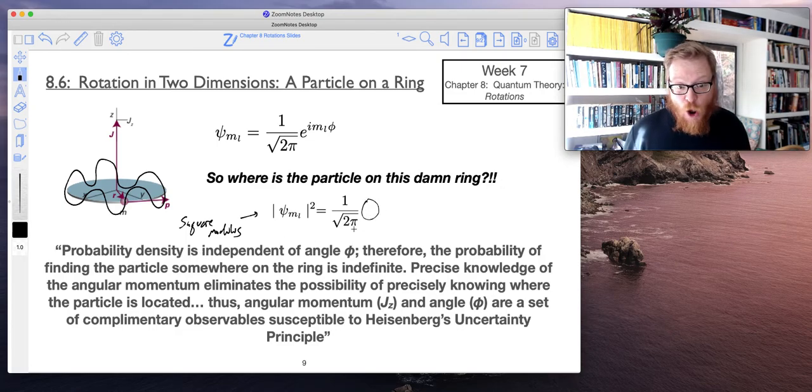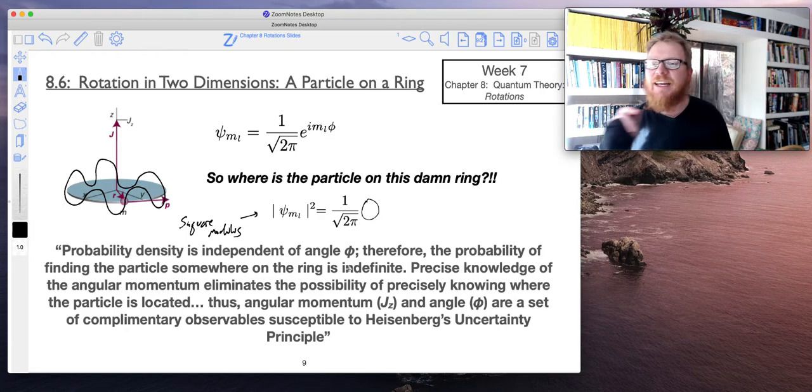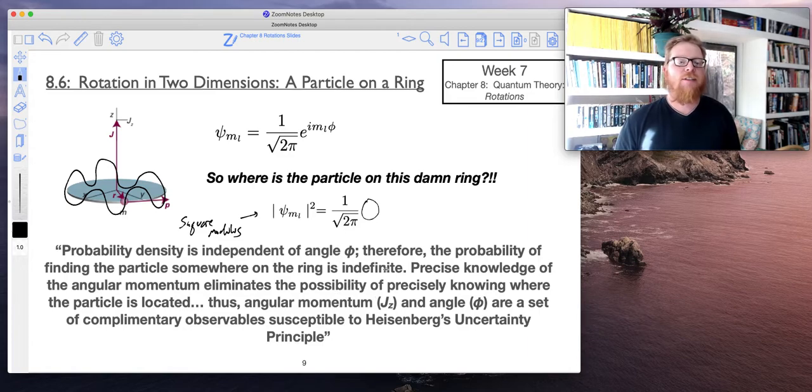Look, there's no phi dependence on psi squared. It's just a constant. So that means the probability of finding the particle somewhere on the ring is indefinite. It's on the ring, but we don't know where it is on the ring because we didn't get a phi dependence. So the fact that the square modulus is just coming out constant just tells us the particle is somewhere on that ring.